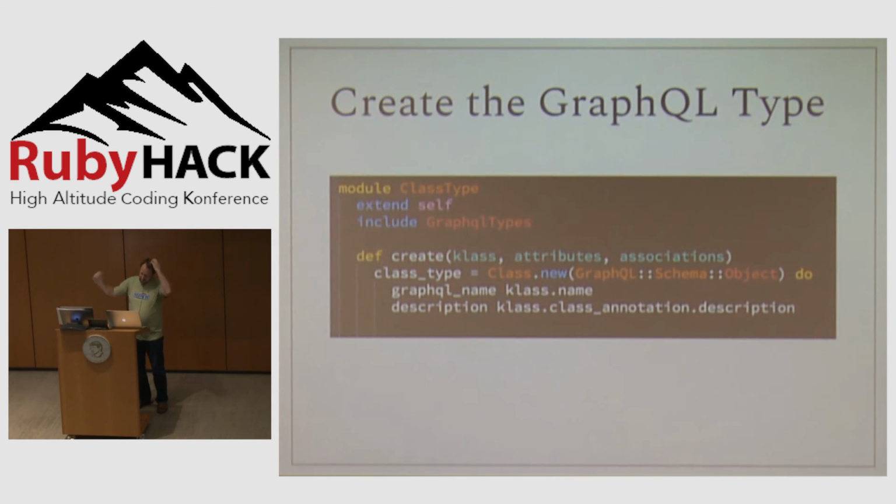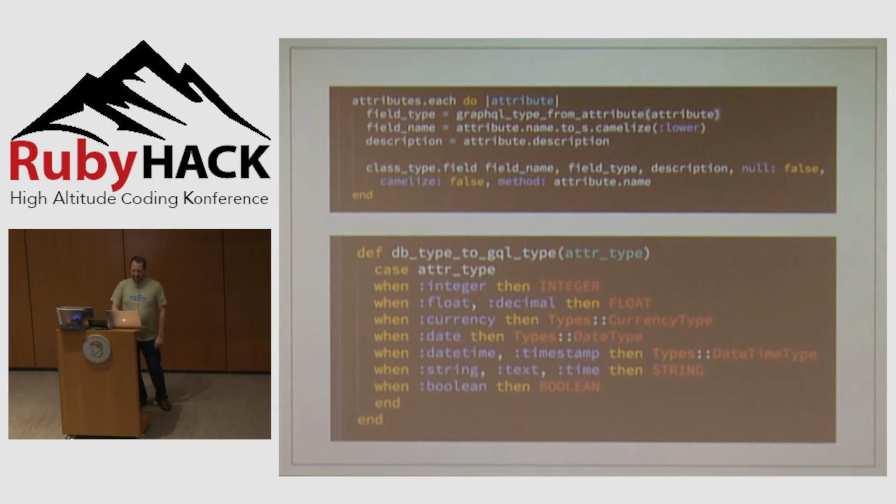And so then I just create a module that takes the class, the attributes, and the associations, and it's going to create a GraphQL type for me. Pretty straightforward. I have a class type. GraphQL name is just the same as the class name. The description is the same as whatever I've annotated it to be. I just loop through all the attributes first.